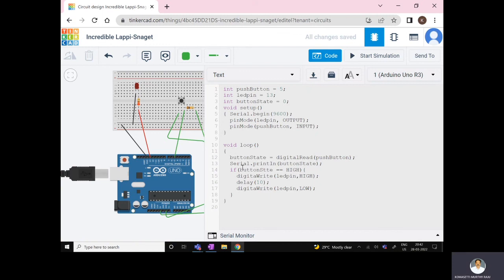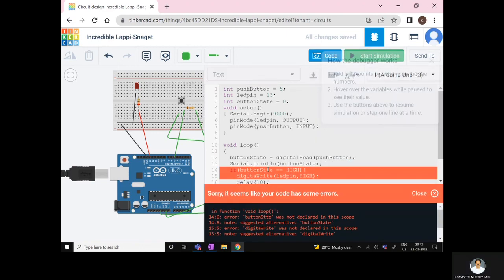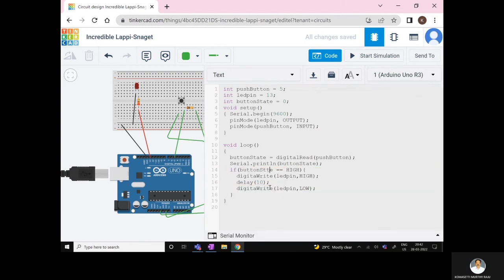Here some error is there. Here button state. At 14.6, if button state, something is not written here.